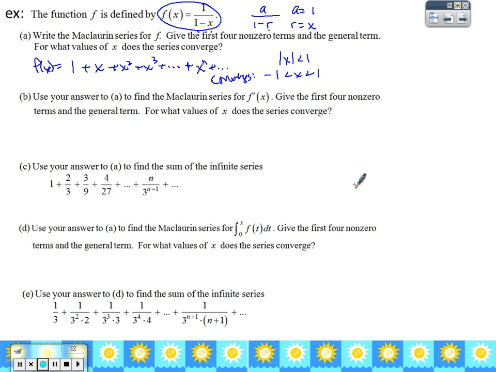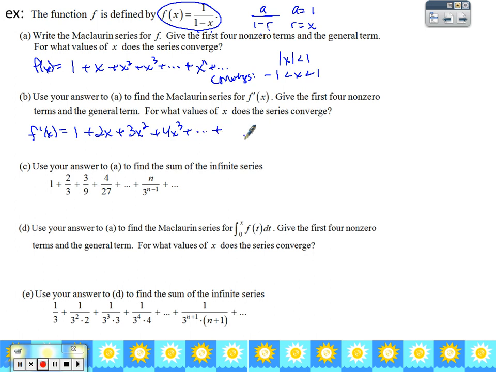So f prime of x would be, the derivative of 1 is 0, the derivative of x is 1, the derivative of x squared is 2x, the derivative of x cubed is 3x squared, and I only have 3 terms, I need one more, that would have been x to the fourth, so 4x cubed plus dot dot dot plus.